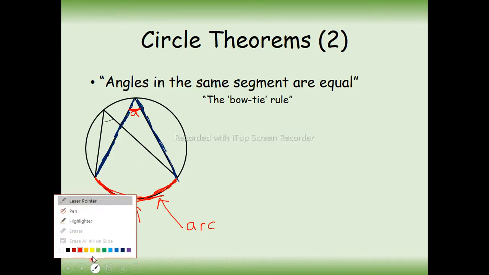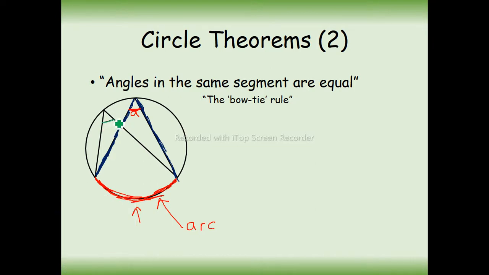Now, angle B, let's use a different color, say green. Let's say angle B is the green one. Sorry, one moment. So angle B is the green one.